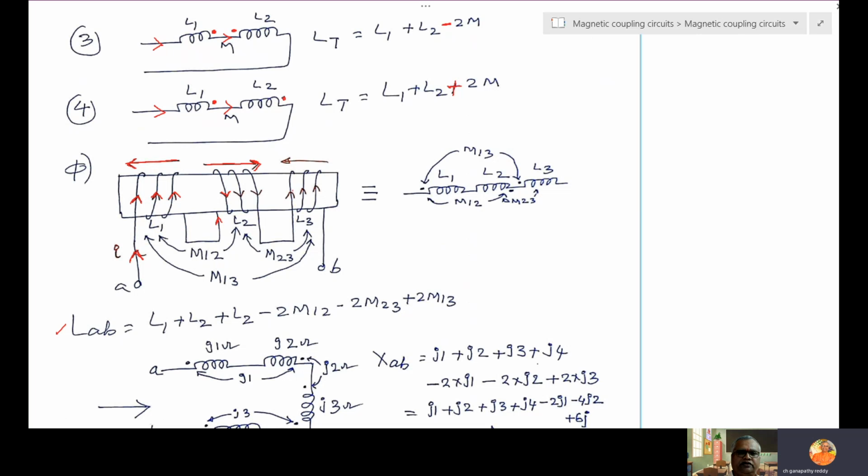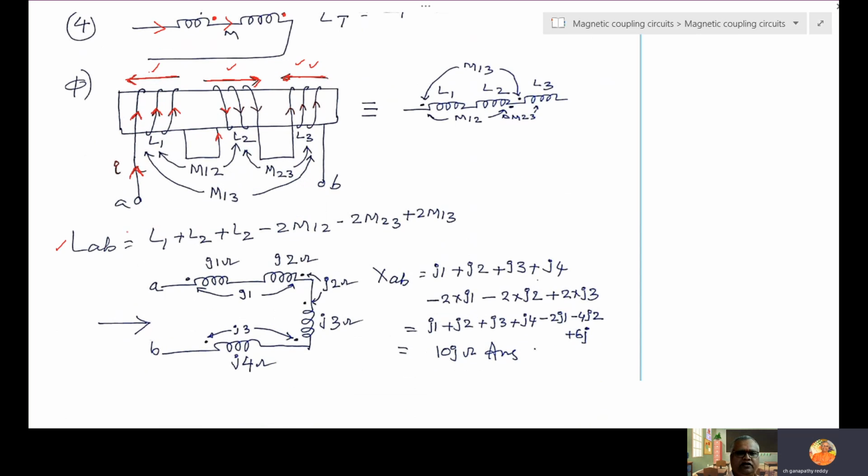Then again, this is the current direction, flux will flow this side. Now this flux is opposite, and this flux is in the same direction. So what is the flux rule? Same means plus, opposite means minus.